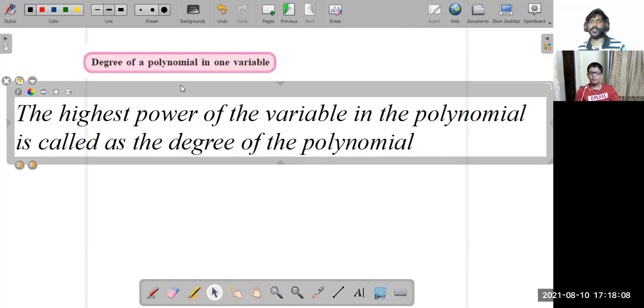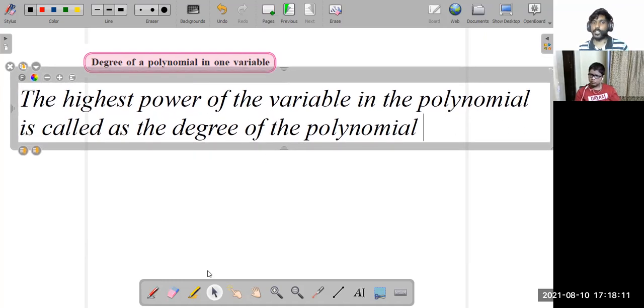Okay, the highest power of the variable is called the degree of the polynomial.